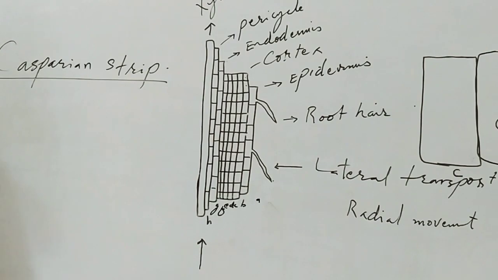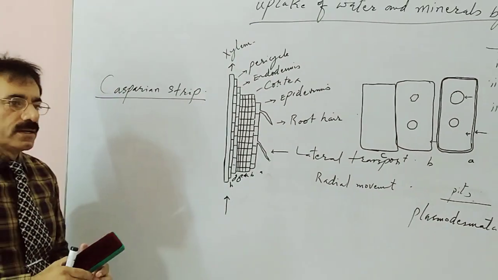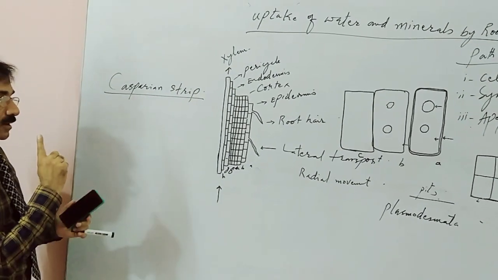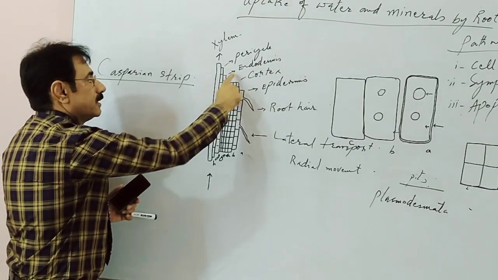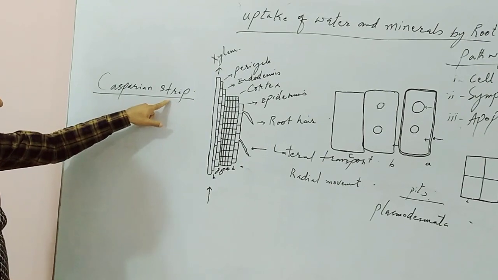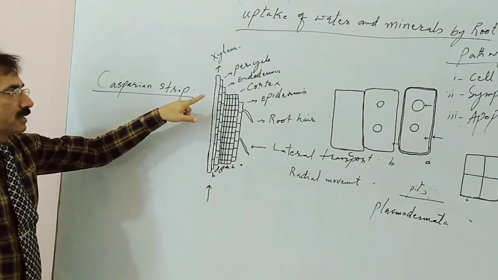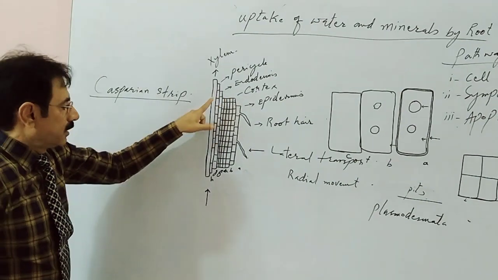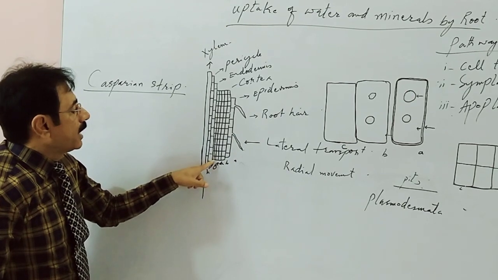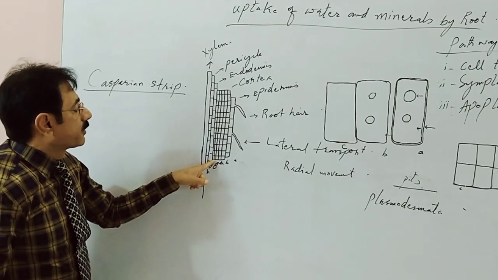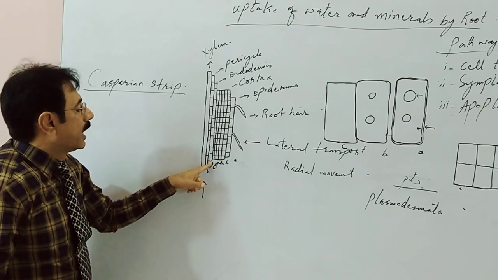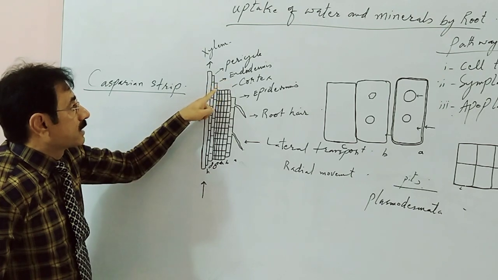This Casparian strip is a non-cellular waxy belt, a hydrophobic layer. The water from the last, eighth cell of the cortex, cell F, is unable to pass to cell G, the endodermal cell.